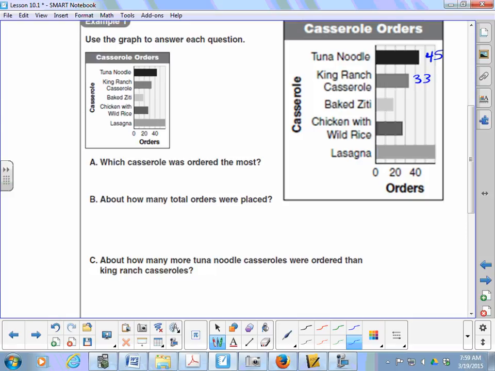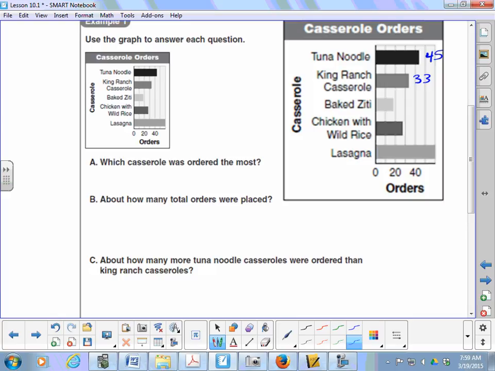So the one thing to remember is that in situations like this, you're going to be approximating. And you might not have the exact value when you are basically guessing where it is.